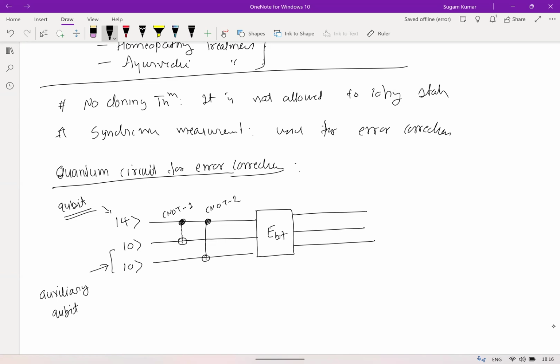And then you apply CNOT gates on the first and second, and let this qubit remain as such. And for some reason, let us say this E bit means an error in the bit occurs. So when the error in the bit occurs, this error is like a gate. It's going to cause some changes, and this change is going to change the qubits. And after that, you will have something here.